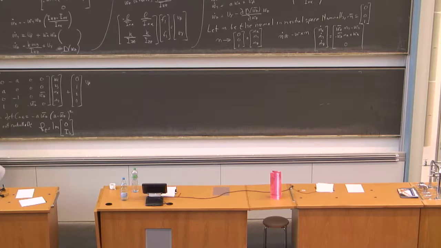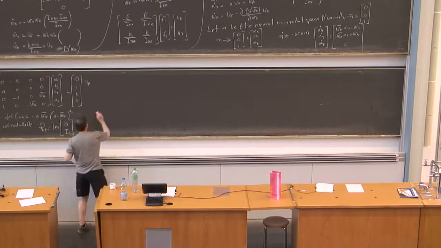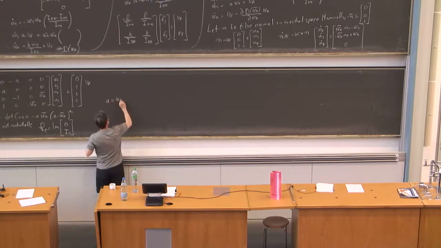There's another interesting case of when it's not controllable, and that's when A is equal to omega z bar. But let's recall what A is.